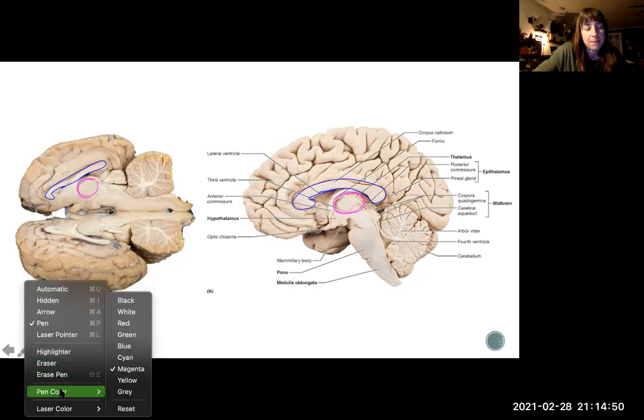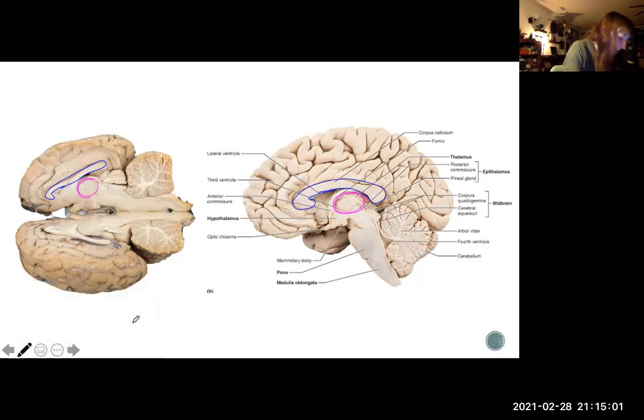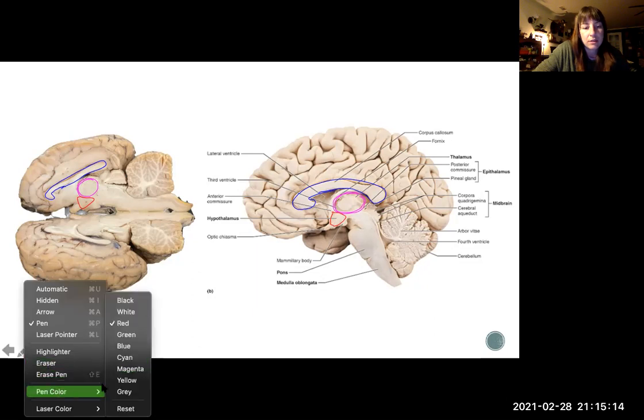And the hypothalamus, which I guess we'll make red, is here in the human brain. It's roughly going to be down here in the sheep's brain. So yeah.